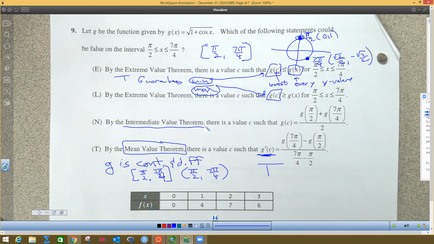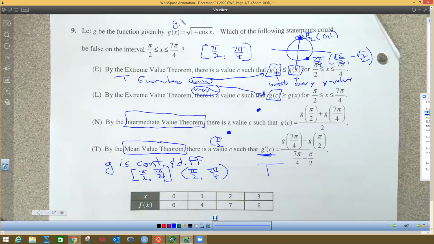Now the intermediate value theorem is what I just told you. It says you have a lowest point and a highest point, between pi halves, I guess we could actually do this. You have to plug 0 in here, and when you plug 0 in here, you get 1.